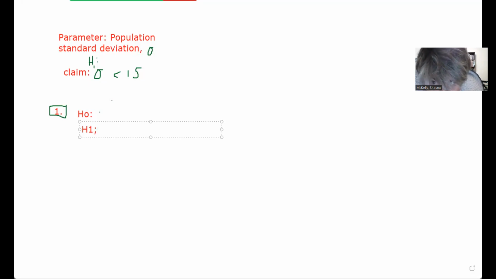And we know that here we have sigma is less than 15.